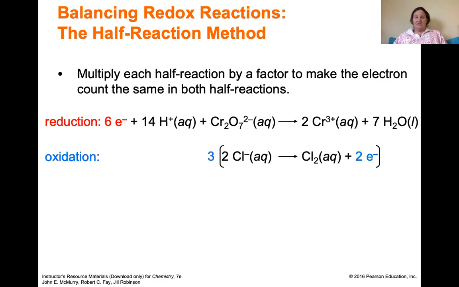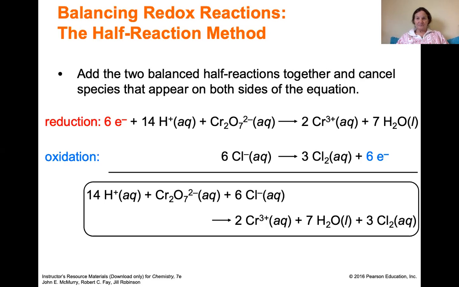So if the chloride reacts to form chlorine, it has to give up enough electrons for the quantity of dichromate that is gaining those electrons. So we're going to multiply the oxidation reaction by 3, and therefore we'll have 6 electrons gained in the reduction and 6 lost in the oxidation.